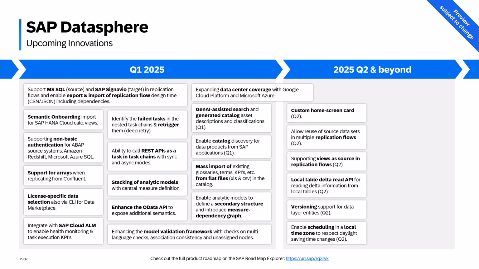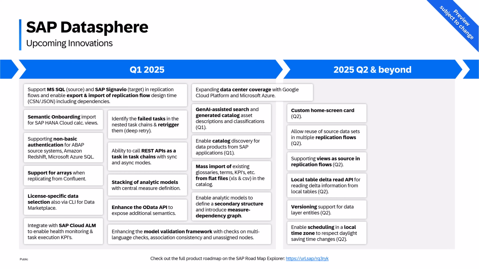Looking further than Q1, of course, in Q1 and Q2, Q3, etc., we plan on expanding our data center coverage like we did in the past over the different quarters, specifically focusing on Google as well as Microsoft Azure hyperscaler regions.